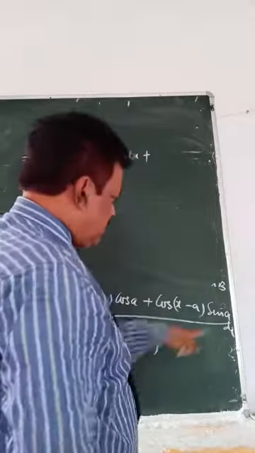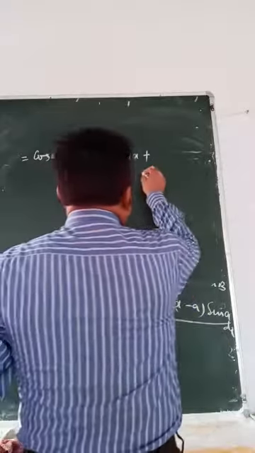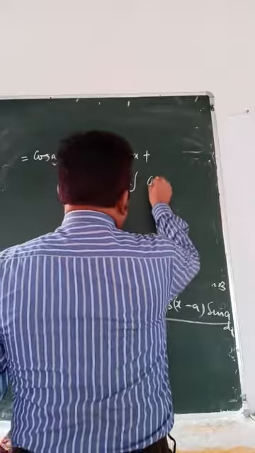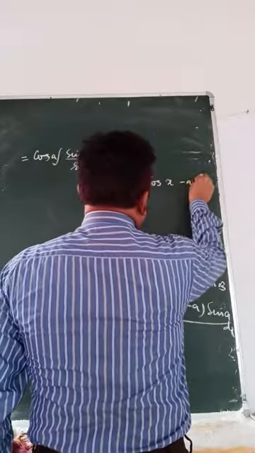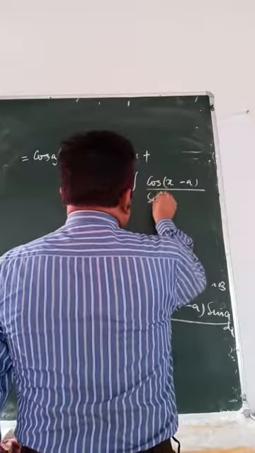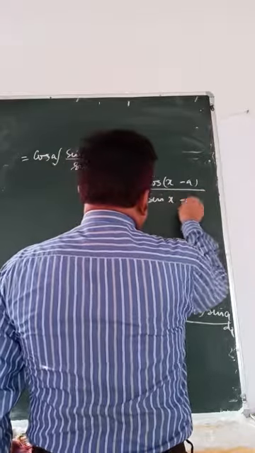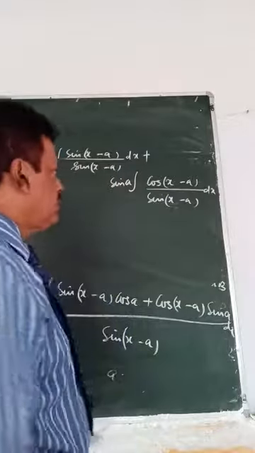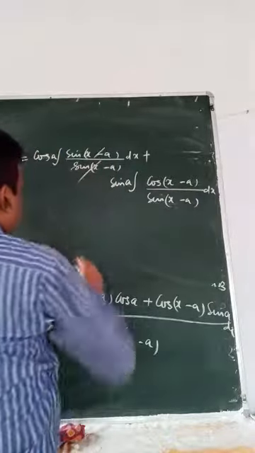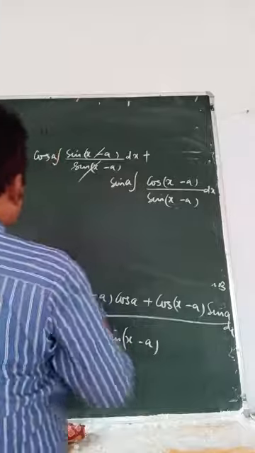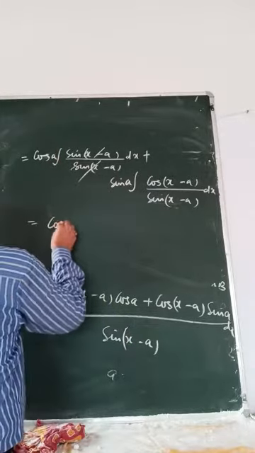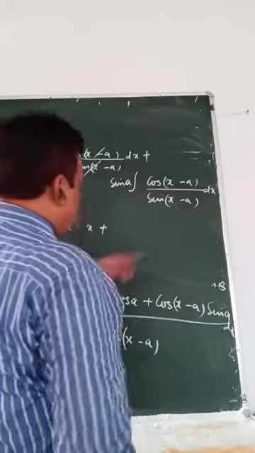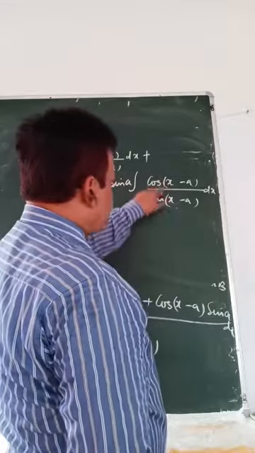Similarly, sin a is constant, keep it outside. This is cos x minus a by sin x minus a dx. We did it. Now this gets cancelled. The integration of dx is x, so cos a into x. What about this? Look, the derivative of sin is cos.